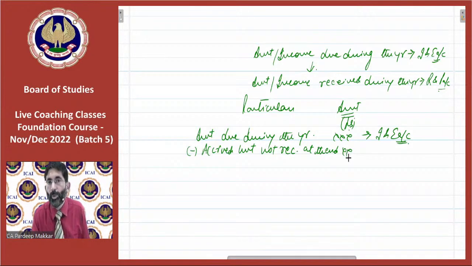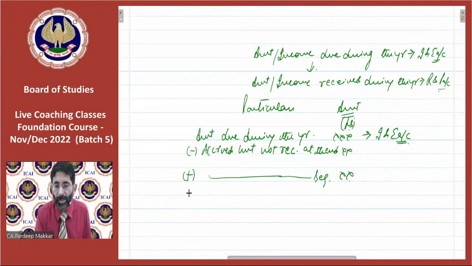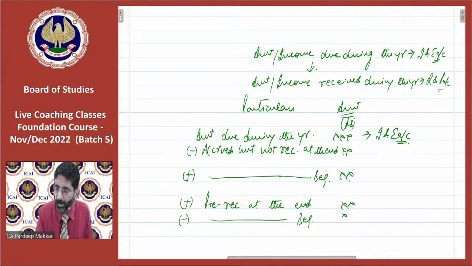So whatever amount is accrued but not received at the end will be deducted, and whatever accrued but not received at the beginning will be added. We are doing the reverse. Whatever is our pre-received income at the end, that will be added, less pre-received at the beginning. So you will get amount received during the year.